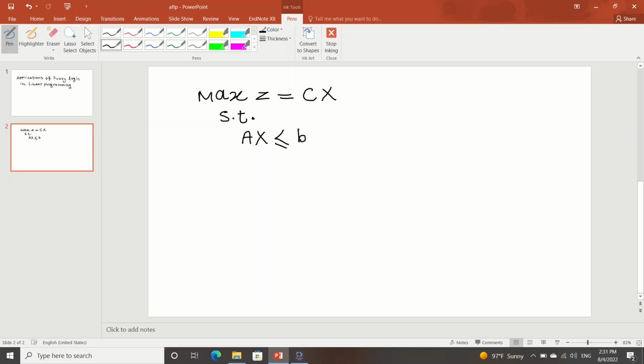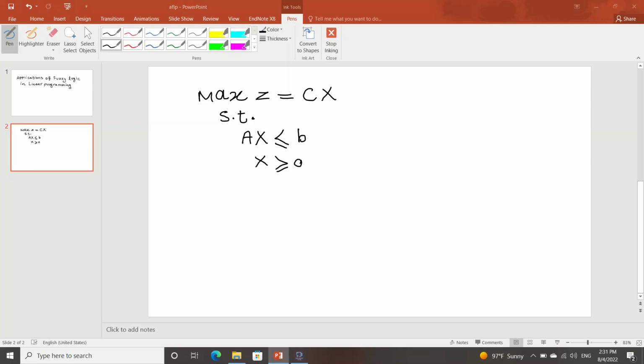And the third section of linear programming is the sign of variables, decision variables. X, for example, is non-negative. This is positive and 0.